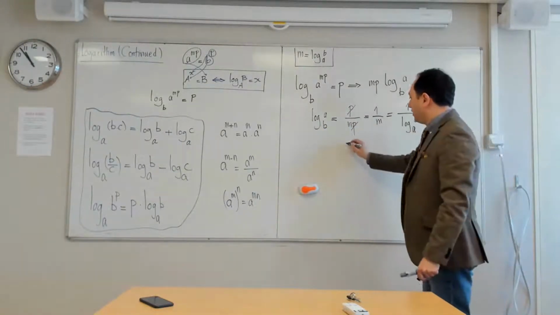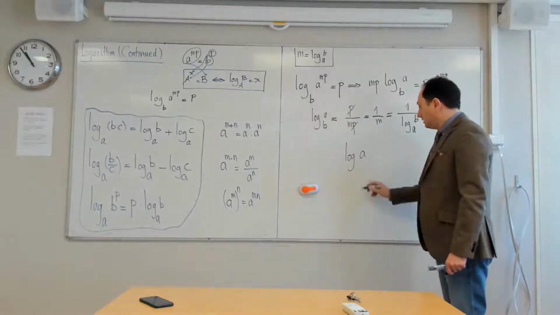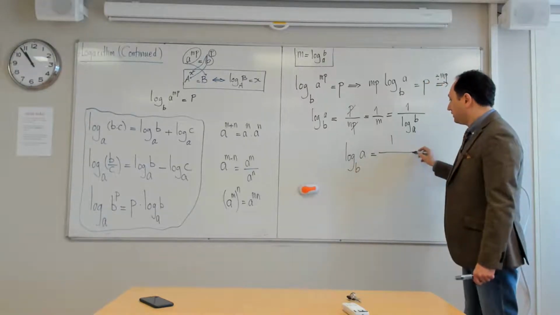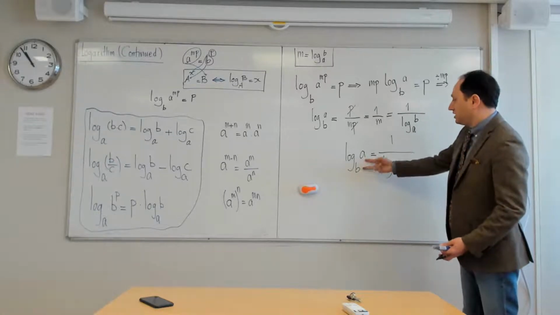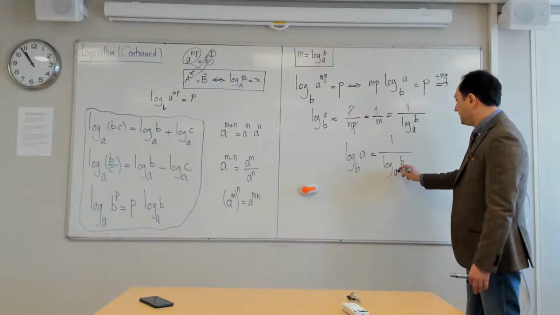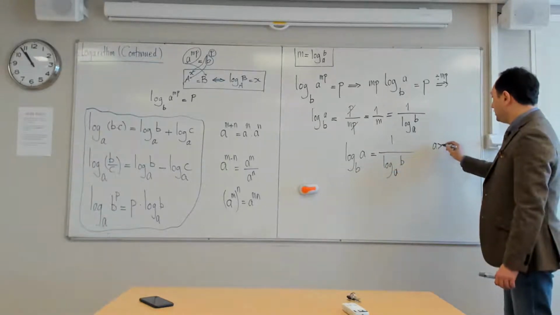So if you have a log, in front of the log you have A, the base is B, you can write 1 over, you write log again, but you interchange these two. So it becomes B in the base A. But of course, for this formula to be correct, A should be positive, B should be positive.